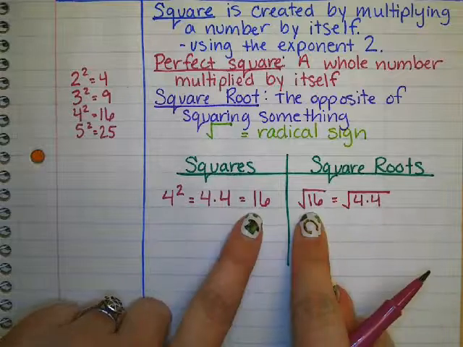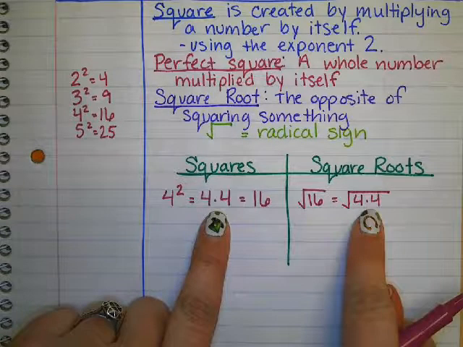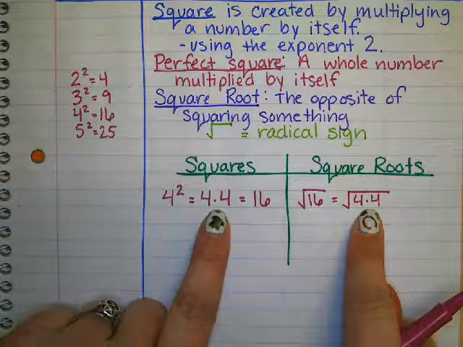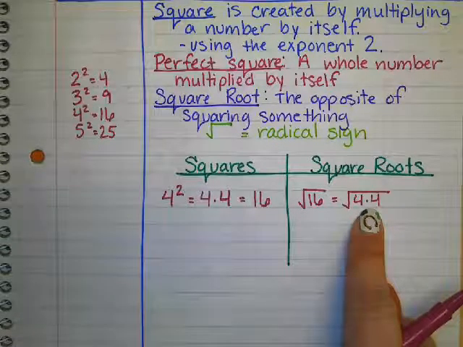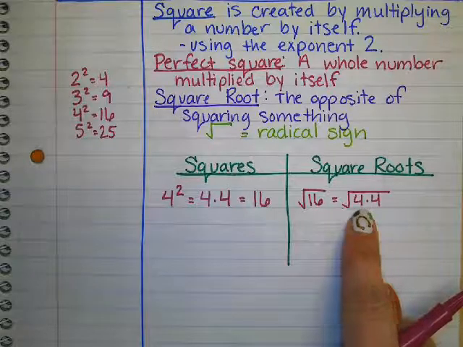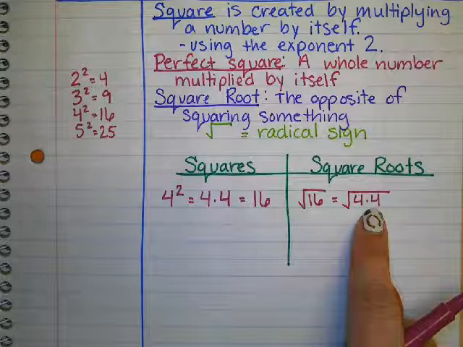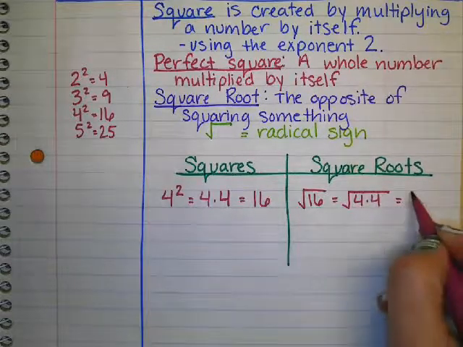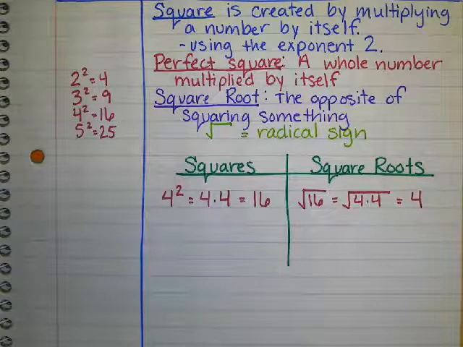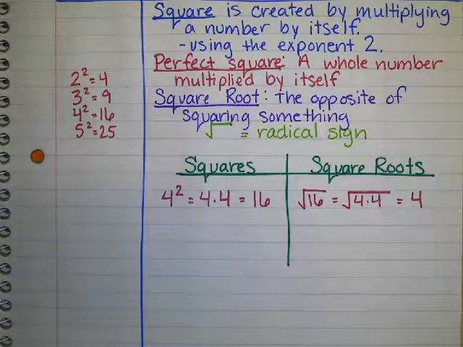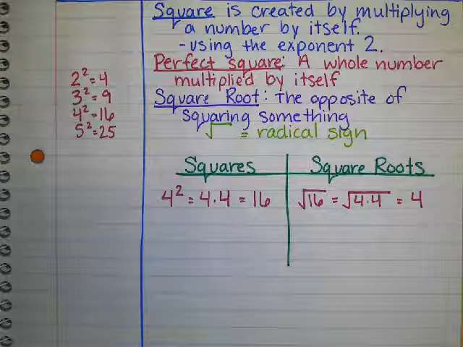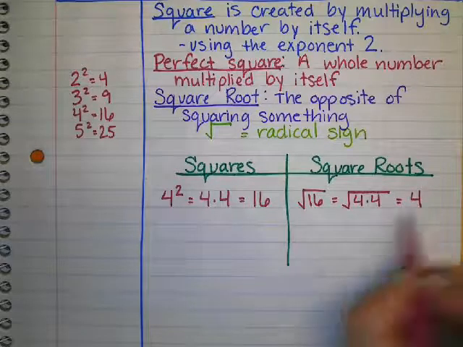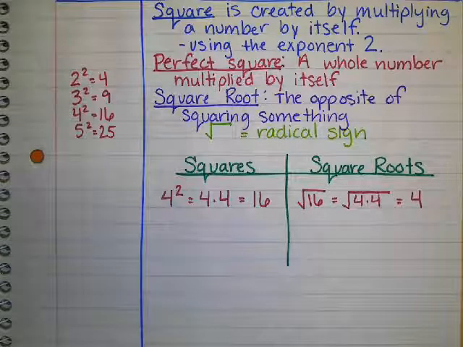I know that 16 is 4 times 4, so I can separate it underneath that radical symbol as well. Now, to come out of the radical symbol, you have to have at least two of them. And I have 2 4s, so when I take the square root, my answer, when it comes out of the radical, is just one of the 4s. That's the undoing part of it. We're undoing the square. So now instead of twins under there, 2, it becomes 1 when it crosses that line and comes out of that radical.